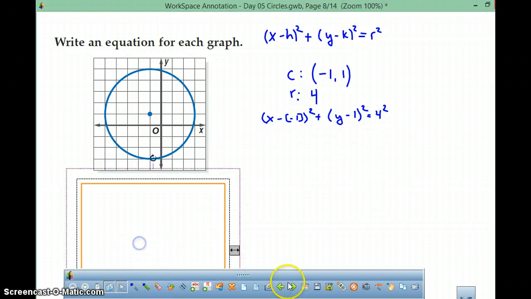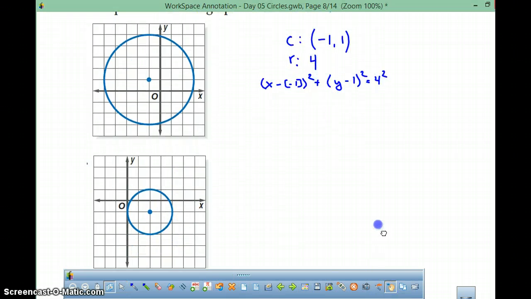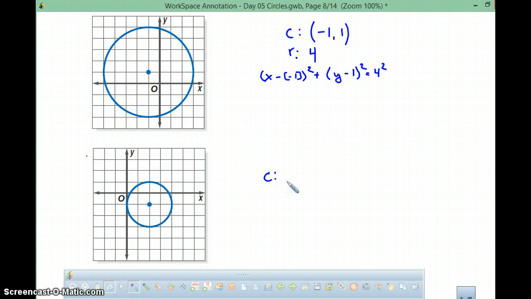Try one more. All right, here's an equation. Here's a graph of a circle. Let's find the equation. First, what's the center? The center is 2, negative 1. What's the radius? 2. Okay, plug it into that equation.